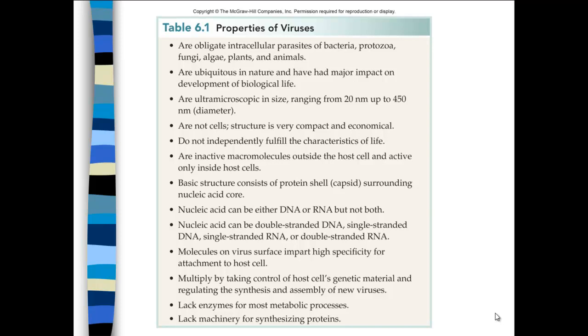Once the virus proteins are synthesized, they self-assemble to make new viruses. They do not accomplish most metabolic processes, and they lack the machinery for synthesizing proteins. So they can't synthesize their own proteins unless they've hijacked a host cell.